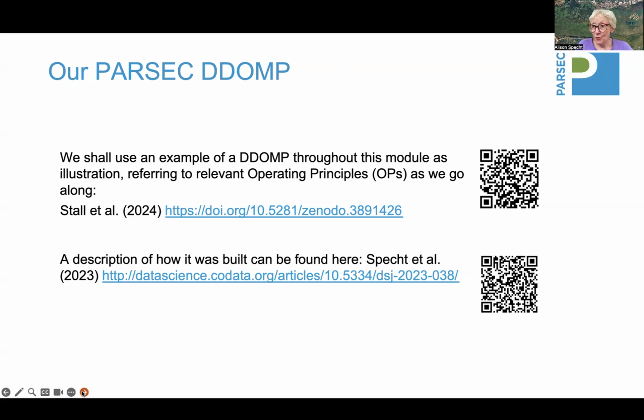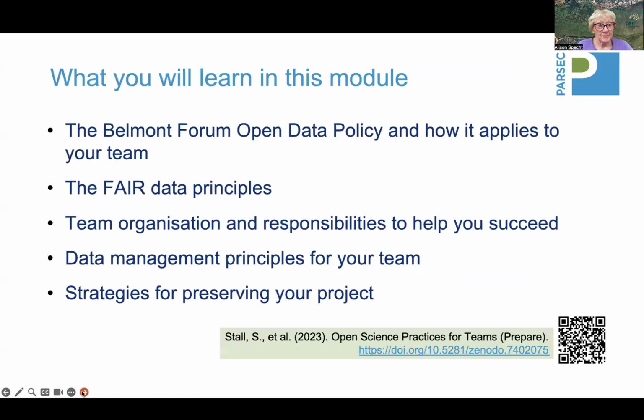We've got version 4 up there now, and a description of how it was built by us can be found also in a paper published in the Data Science Journal, which you may find interesting and helpful as an accompaniment to these modules.